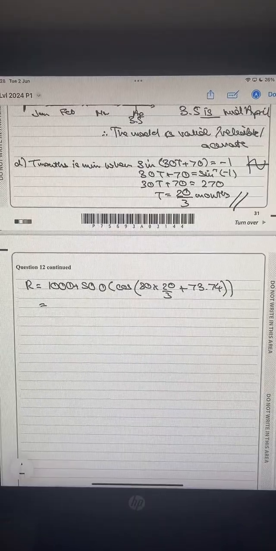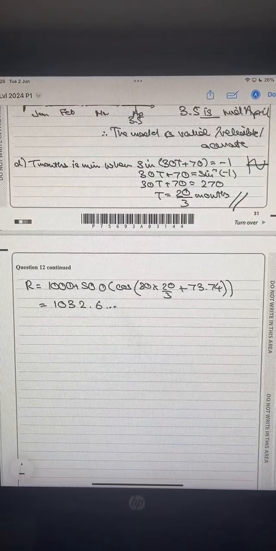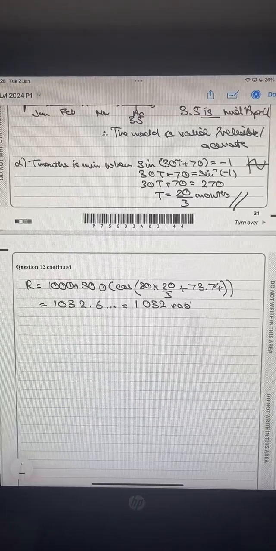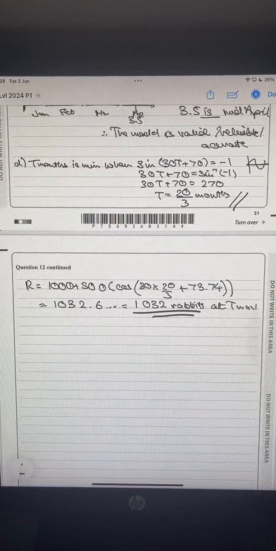Put that into my calculator and I get 1032.6 rabbits. And since it's a number of rabbits, we are going to truncate it and round down. So we get 1032 rabbits at T months, capital T months.